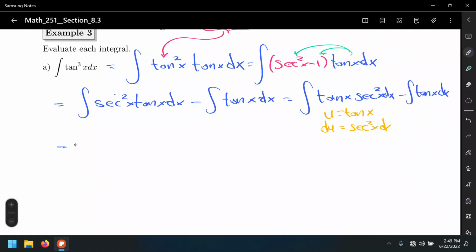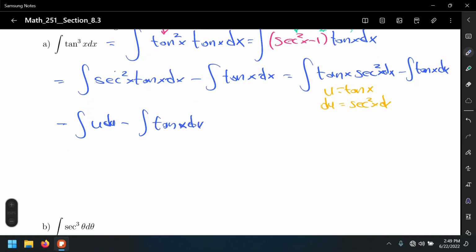okay, so that's the integral of u du minus the integral of tangent, and that integral of tangent is one of those formulas that we had above on the definition box. That's, well, number one, the integral of u is u squared over 2, and the integral of tangent is ln of secant plus c.